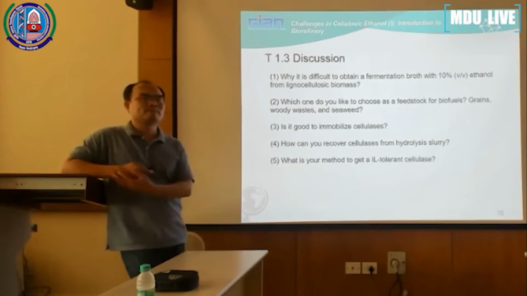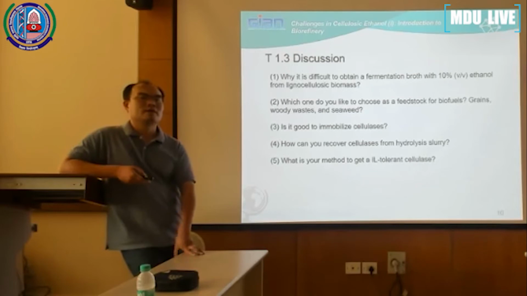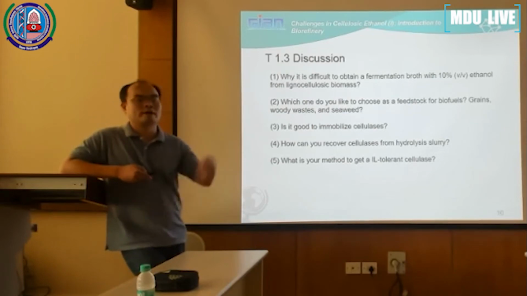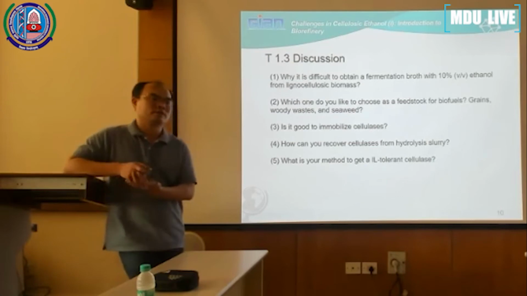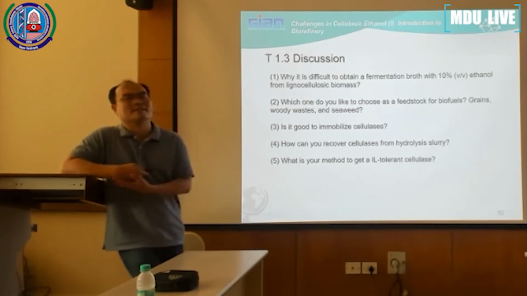The cellulase is bound to the nanoparticle, and after going through the process you can recollect it. But the separation is not typical. I tried, but I did not publish it.